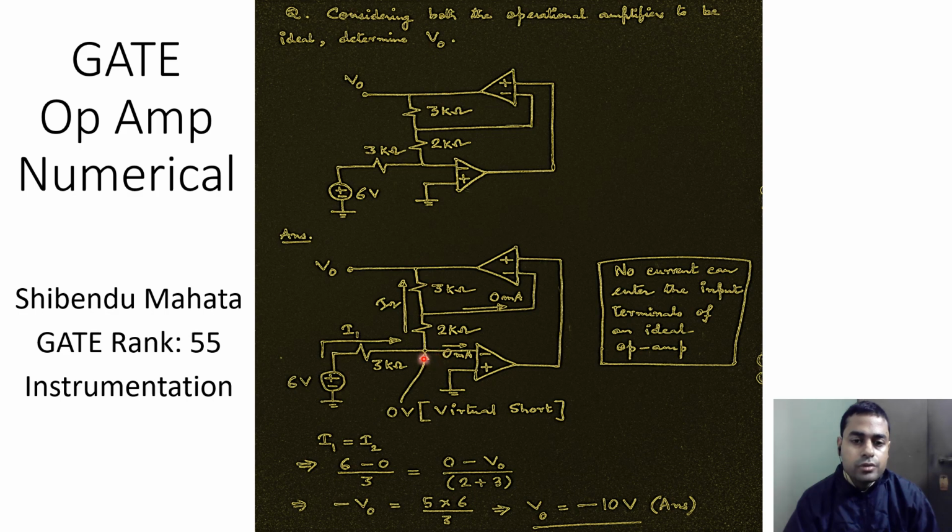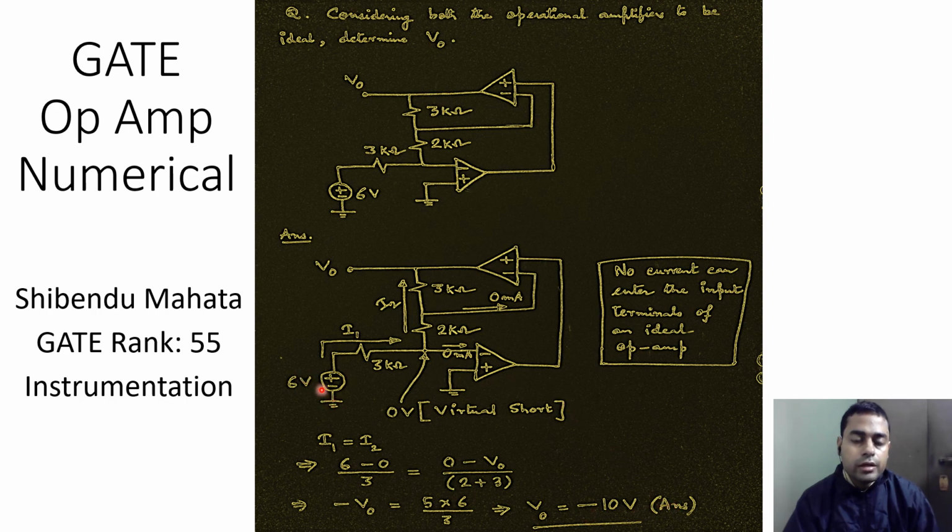I2 is equal to 0 volt minus V0 divided by these two resistances which are in series. So 0 minus V0 divided by 2 kilo ohms plus 3 kilo ohms, which is equal to 5 kilo ohms. And therefore from this equality we can find out the value of V0 as negative of 10 volt.